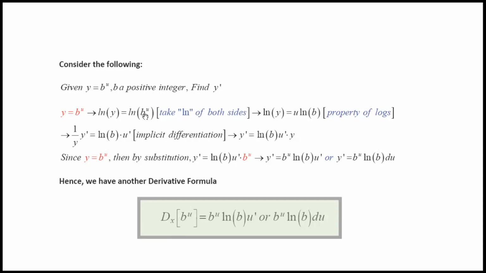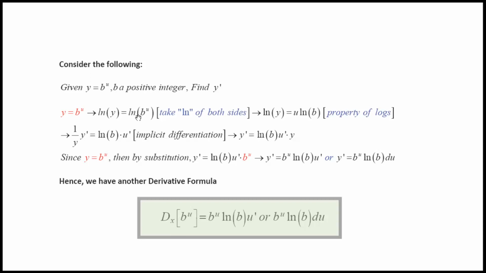The reason I'm using natural log and not common log is because I know how to work with natural logs, because of the derivative formula we just got. I don't know how to work with common logs from a calculus point of view. So I'm going to take the natural log of each side. Talking a lot here, but that's important.